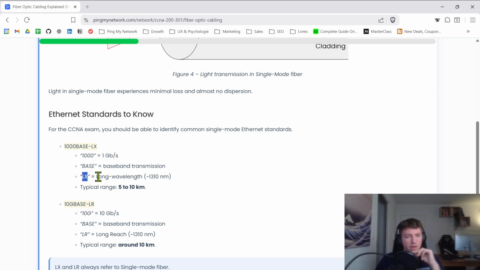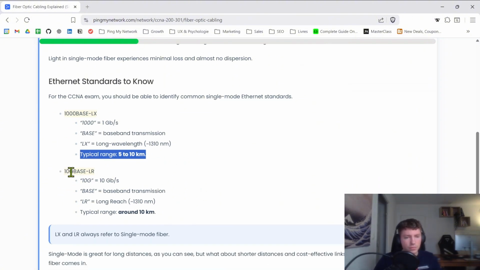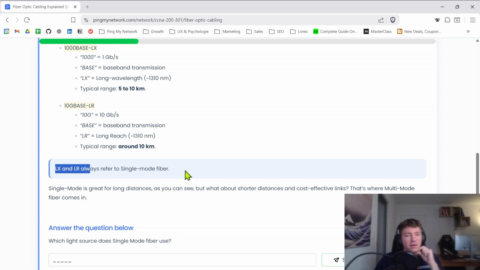Okay, so L is for long wavelengths. Range 5 to 10 km. 10 gigabits per second, around 10 km. Standards like LR always refer to single mode fiber.